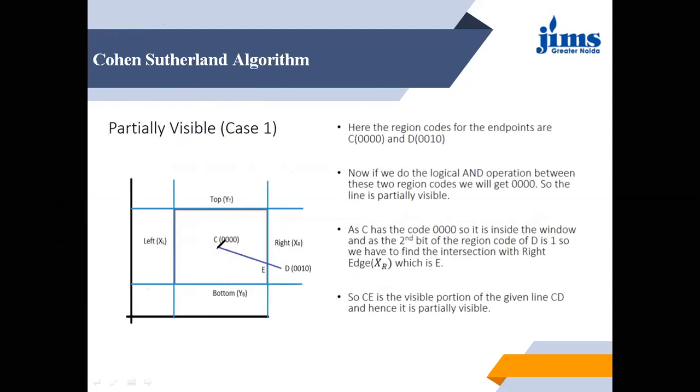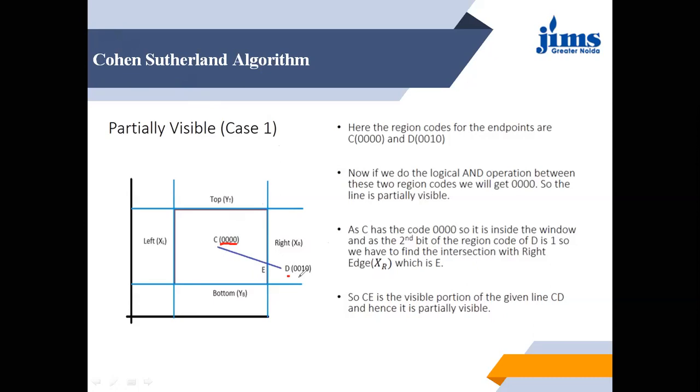You can see from here that the region coordinate of C is 0000 and the region coordinate of D is 0010. And when we perform an AND operation between these two, we are getting a zero, means we are not getting a non-zero value.